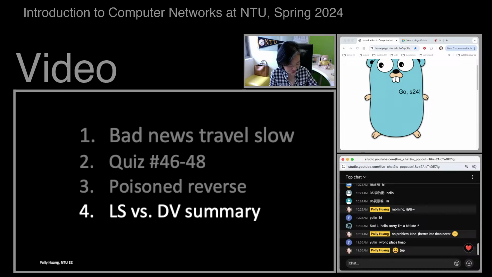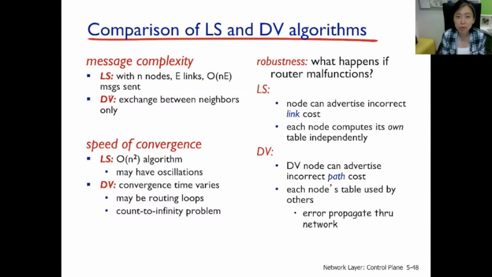Now with both routing algorithms introduced, let's compare the two. LS stands for link state, DV is the distance vector. Let's compare the message complexity first. In link state, each router needs to generate a link state report, and it gets broadcast throughout the network. Each report travels all the links.